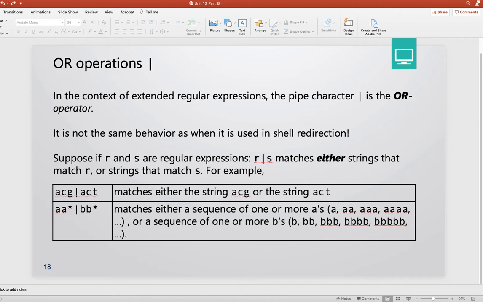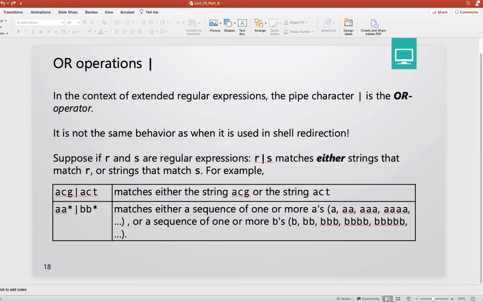Remember, this vertical bar does not behave the same as when it is used in shell redirection, like the pipeline. In the context of extended regular expressions, the pipe character is the OR character.